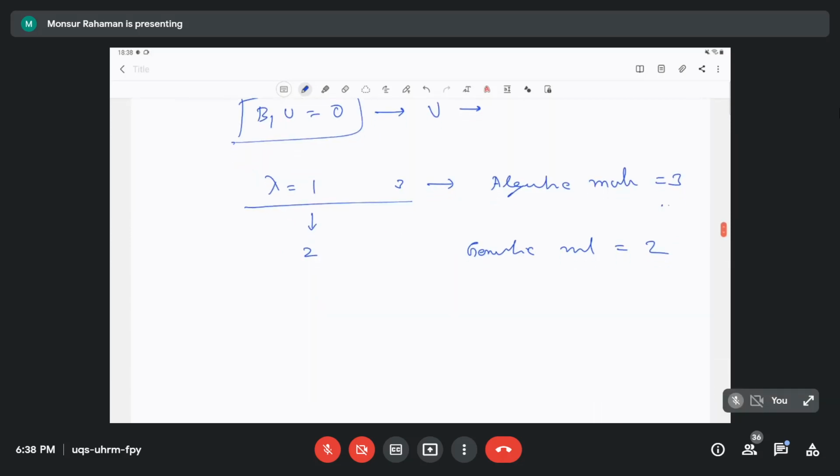The simple definition of diagonalizability is that if A is an n by n matrix, you will have to find n independent eigenvectors.